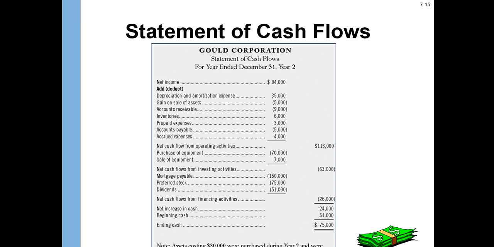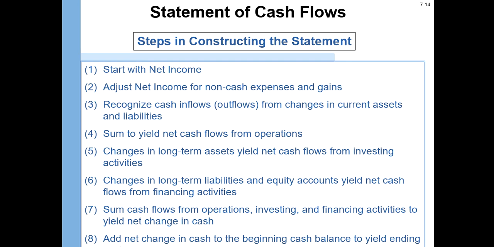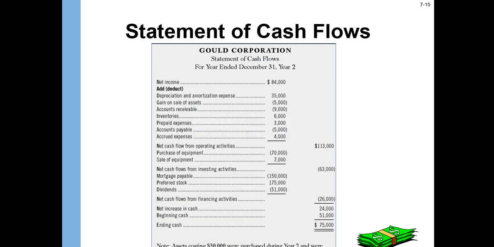And that ends up to be minus 26,000. Change in long-term liabilities and equity accounts yield net cash flows from the financing activity. We have it here, as you see, and adding those, we end up with 26,000 actually over here.